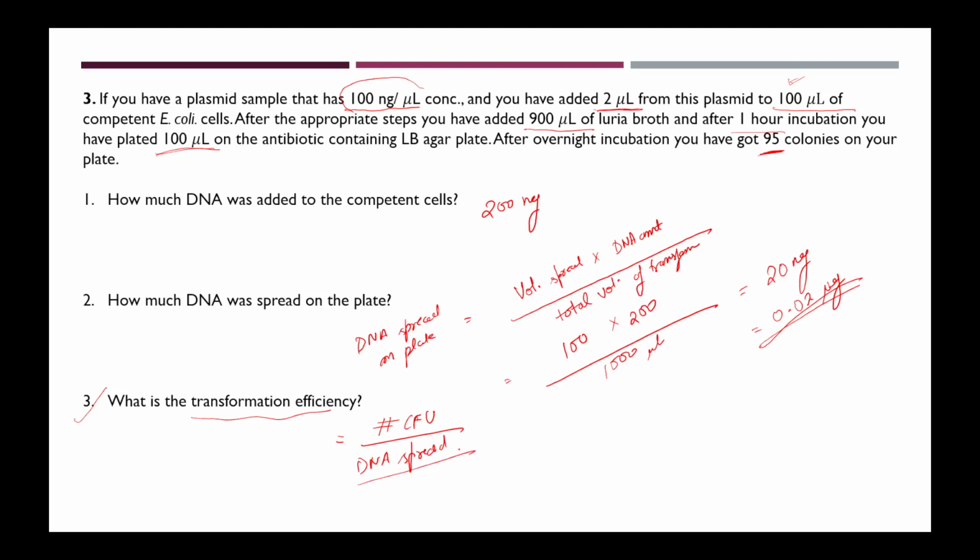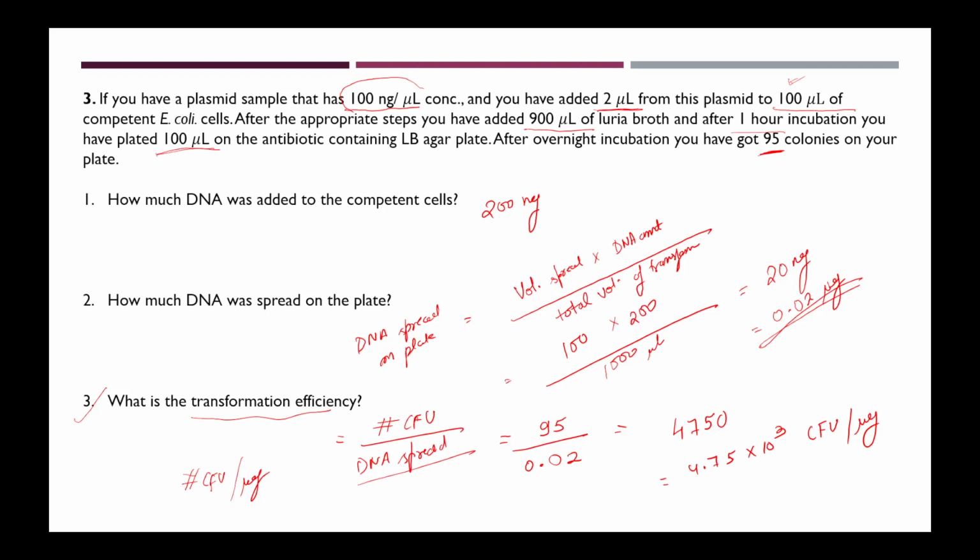And the unit of transformation efficiency is number of colony forming units per microgram of DNA. So we just divide the number of colonies we have observed by the DNA we spread. So 95 divided by 0.02. So your transformation efficiency will come, I think, 4.75 per microgram.